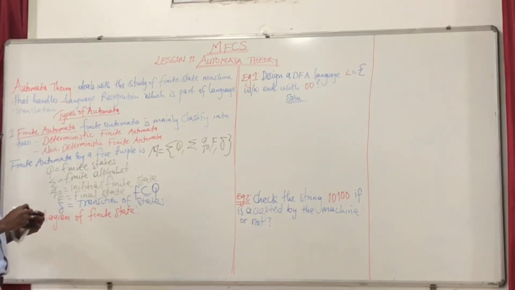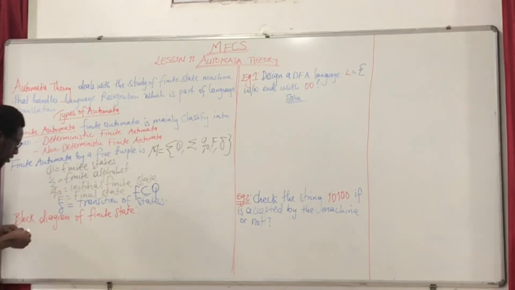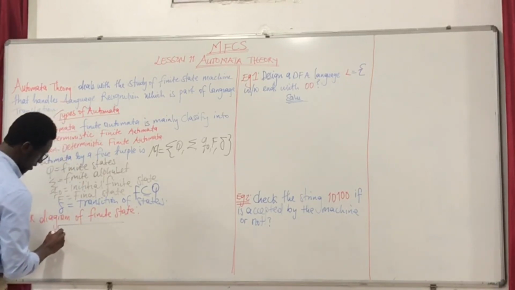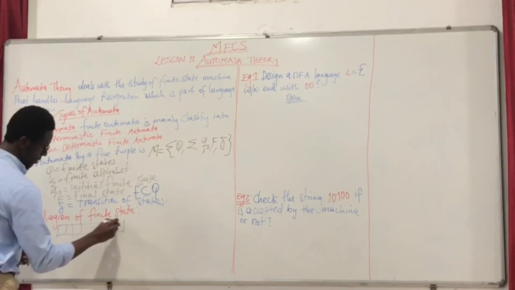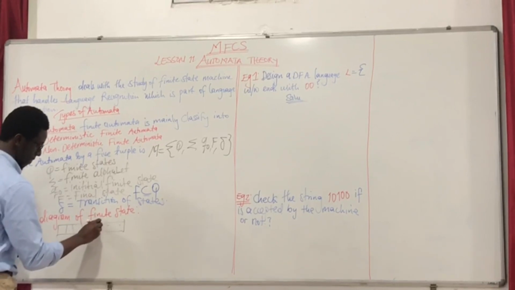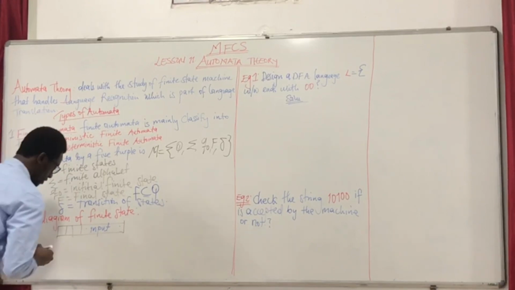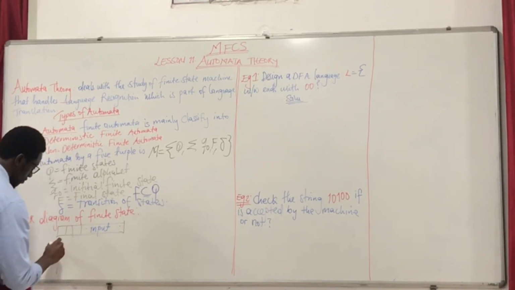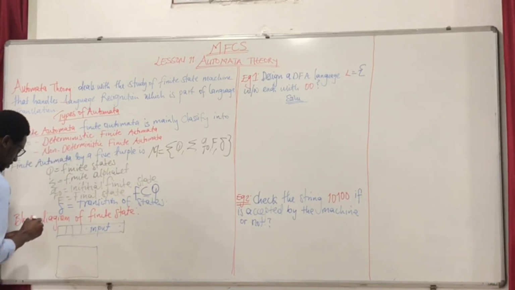So now let's see a block diagram that illustrates the operation of these ones here. So first, of course, we have our inputs. From the inputs, we come to our finite states.